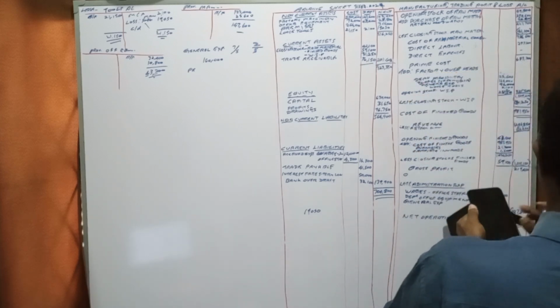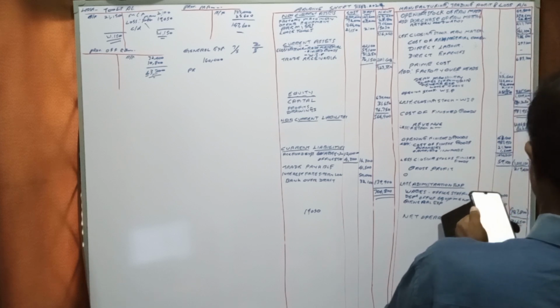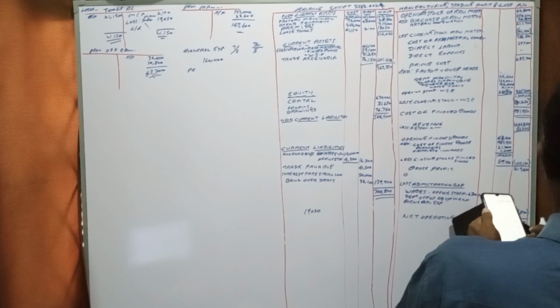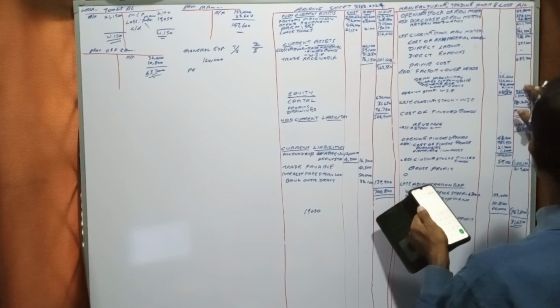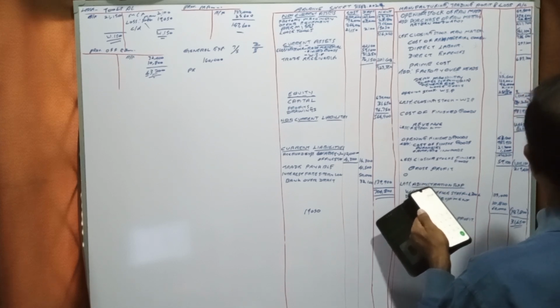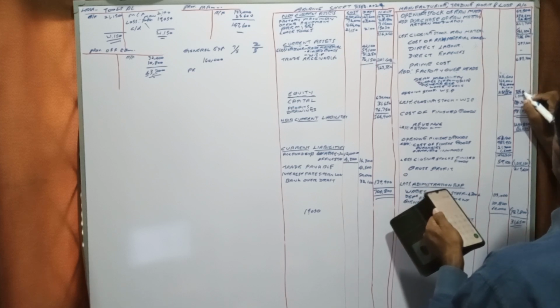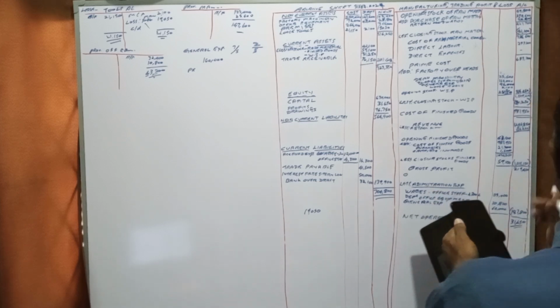So 335,500, it is not an expense, means 316,450 has to be added, right?